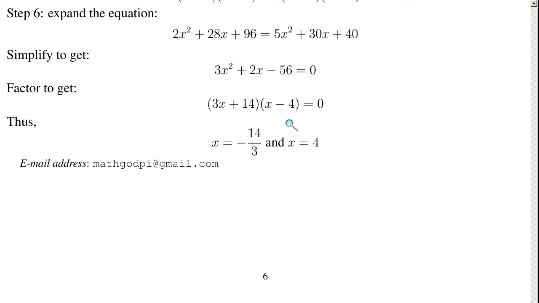experiment. If you're at this stage here and you're stuck and you don't know how to factor it, one of the things you can do is you can try different numbers that are factors of the last term. So negative 56, you can just try different factors. You can try, okay, let's try 1, let's try negative 1, let's try 2, negative 2, 4, negative 4, and so on, until you find something that when you plug it in for x, it gives you 0.